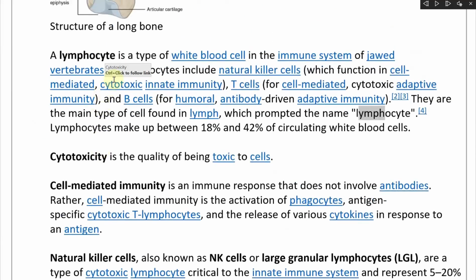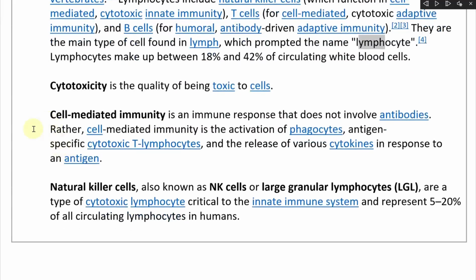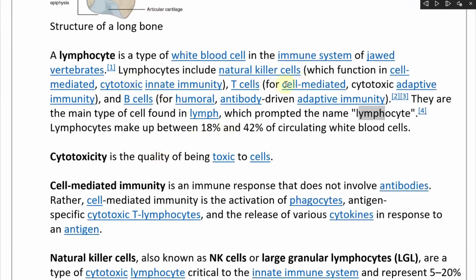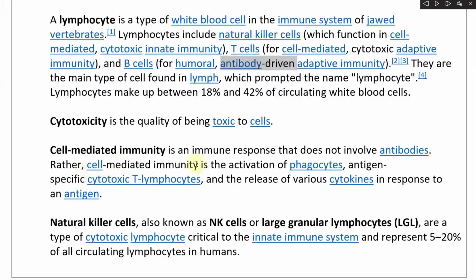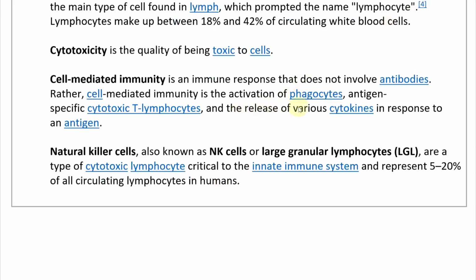And cytotoxicity is the quality of being toxic to cells or damaging to cells. And then here's cell-mediated immunity. So the cell-mediated is T cells, and then the other one's antibody-driven or mediated. Cell-mediated immunity is an immune response. This other one, killer cells, also cell-mediated. So cell-mediated immunity is an immune response that does not involve antibodies. Rather, cell-mediated immunity is the activation of phagocytes, antigen-specific cytotoxic T-lymphocytes, and the release of various cytokines in response to an antigen.